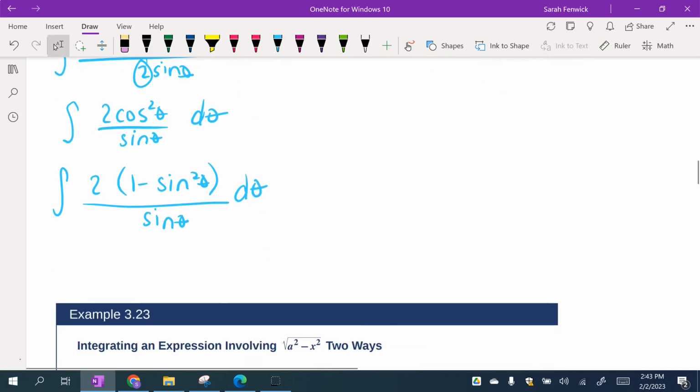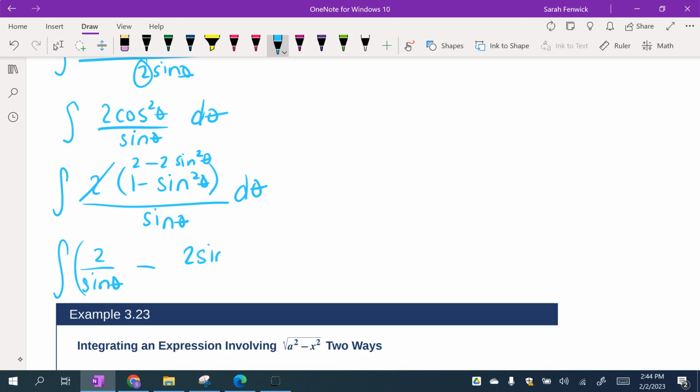All right, integral. I'm going to distribute my 2 here. So we have 2 over sine theta minus 2 sine squared theta over sine theta d theta.